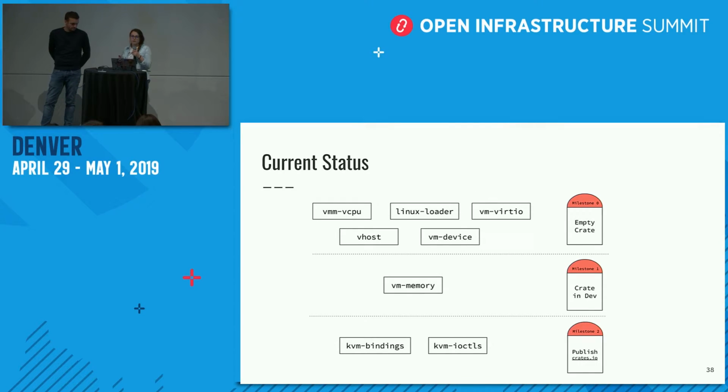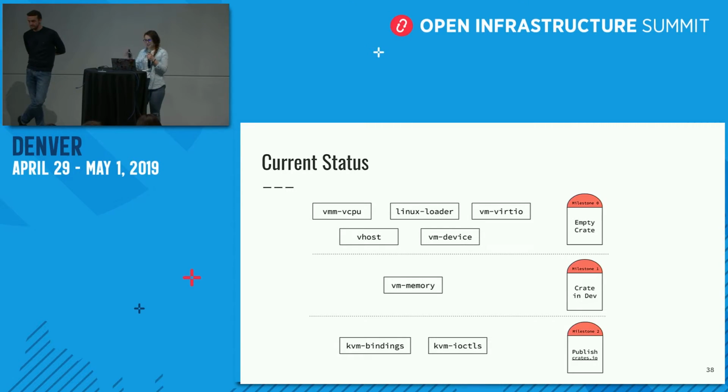The current status: as we have 3 milestones, I just put things in 3 separate boxes. So empty crates: we have VMM vCPU, which is a hypervisor agnostic interface for interacting with vCPUs.